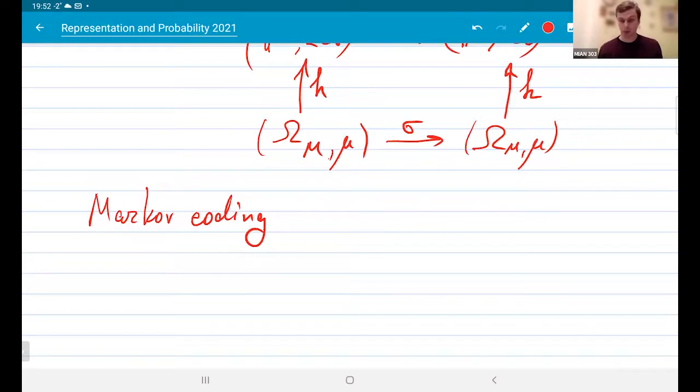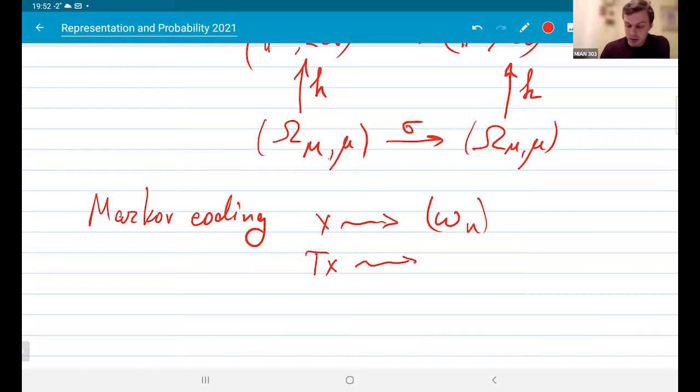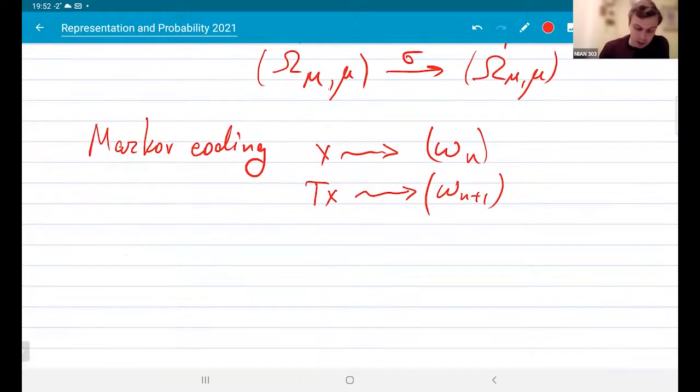just the shifted sequences. Then for any point x, I consider some sequence omega n, and since I want that for Tx my sequence is just a shifted sequence, I can do this as follows. I can say, okay, I have x, and for this x, I somehow find omega naught.